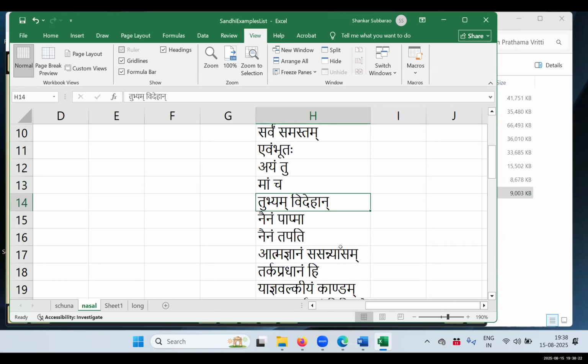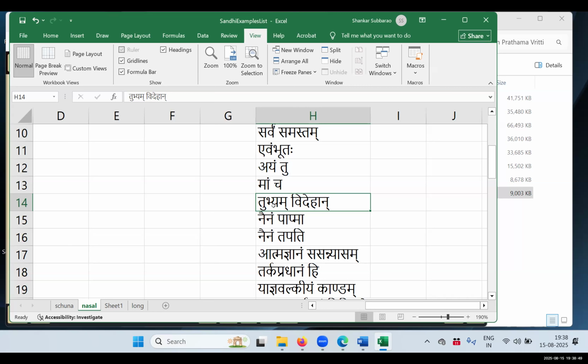Tubhyam videhan. What will we do with this now? Puma, you're saying something. Unmute and say. We will get a ba with anunasika. Tubhyam. So first it will become anuswara, tubhya. Then the anuswara will get replaced by va with anunasika.